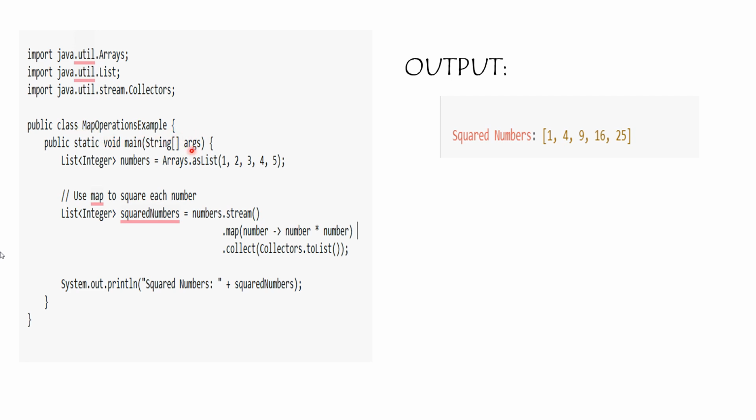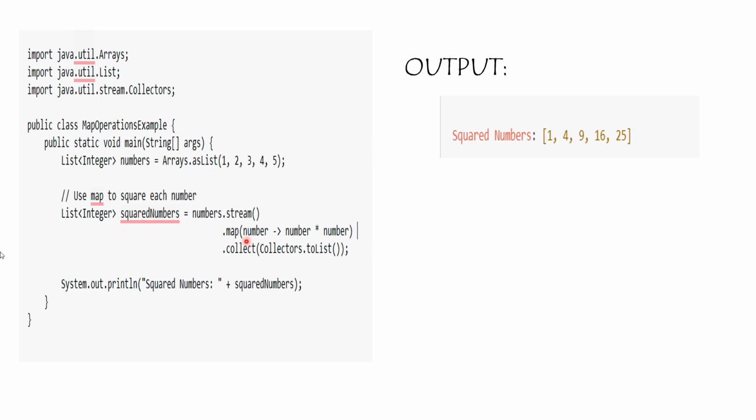This is the main method, and this line is the list initialization. This creates a list of integers named numbers with the values 1, 2, 3, 4, and 5 using Arrays.asList. This list contains the numbers we want to work with. Now using map, List<Integer> squaredNumbers equals numbers.stream().